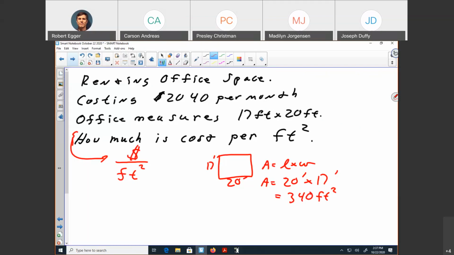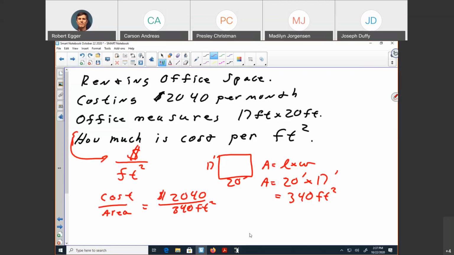So in many ways, the units tell you whether you're going to multiply, divide, add, subtract, whatever. In this one, the fact that I'm looking for dollars per square feet basically tells me it's going to be the cost over area. Of course, the cost here is 2,040. Area is 340 feet squared.